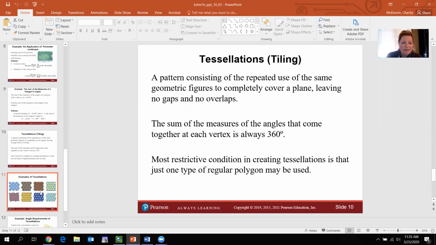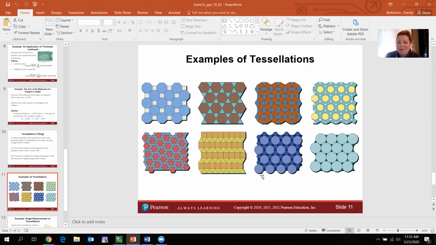So tessellation is just tiling. What can you tile? Check out these examples. Now these ones kind of annoy me because they used more than one shape on every single thing, but you can do it with just one shape. Okay? So if we look at this first one, it's got 1, 2, 3, 4, 5, 6, 7, 8, an octagon and a square.